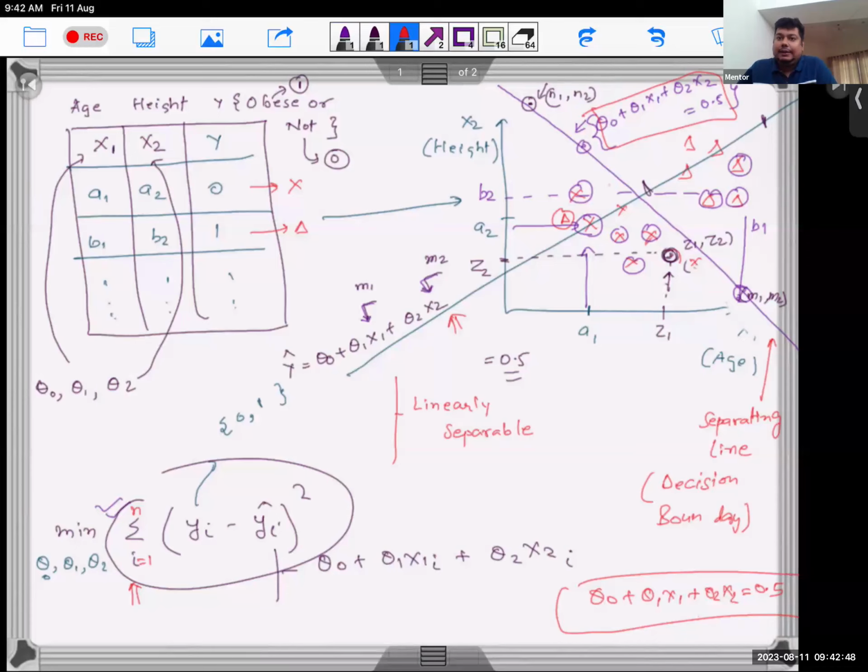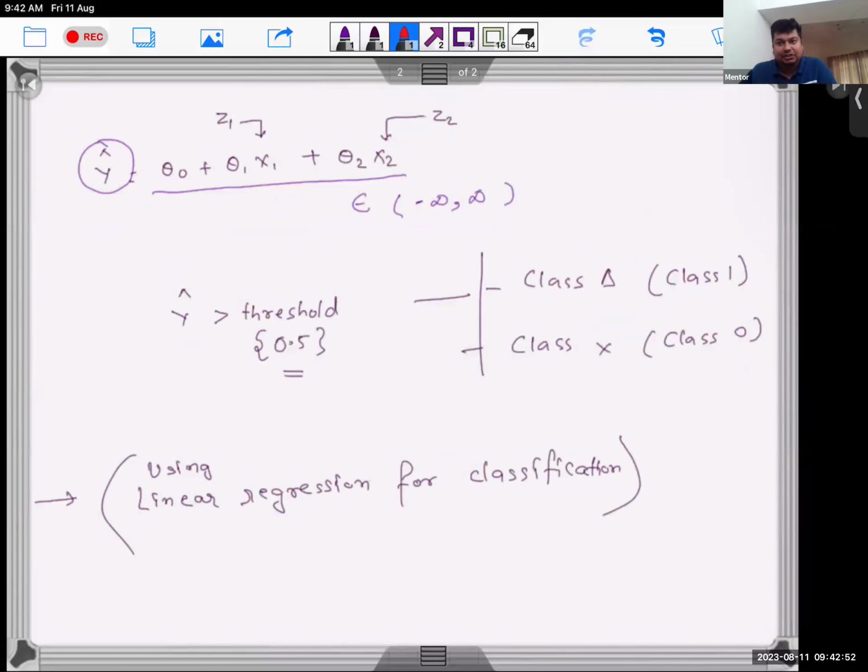Now, you have seen how to do this classification with the help of linear regression. And one more thing: yesterday you mentioned that some machine learning algorithms for binary classification use -1 and 1. I'll talk about those as well, but it's not the right time. Should I tell you the name of the algorithm which uses it? Support vector machines. In that case, the separator line equation will be equal to 0 rather than 0.5.